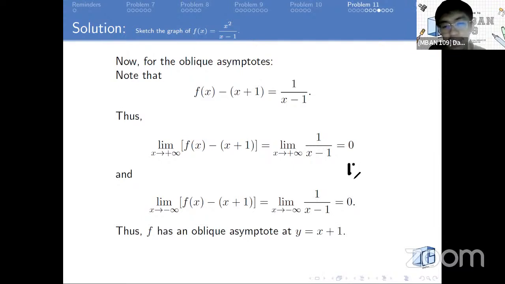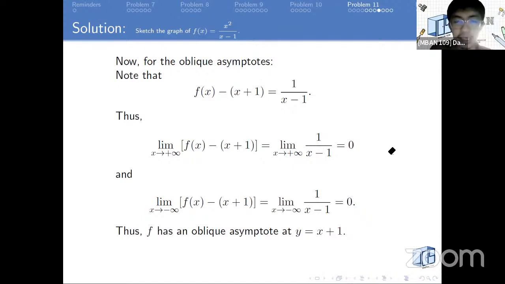Dahil equal itong dalawang to, masasabi natin na y equals x plus 1 ay oblique asymptote.